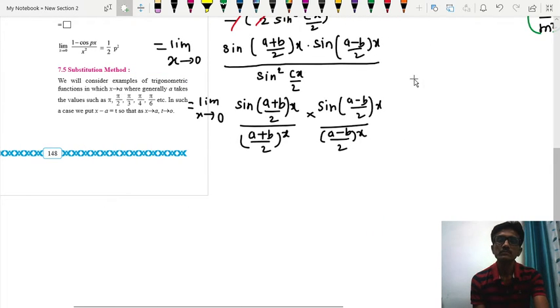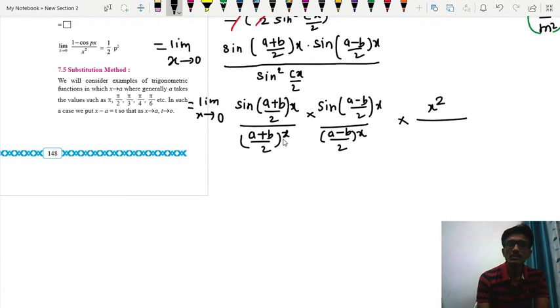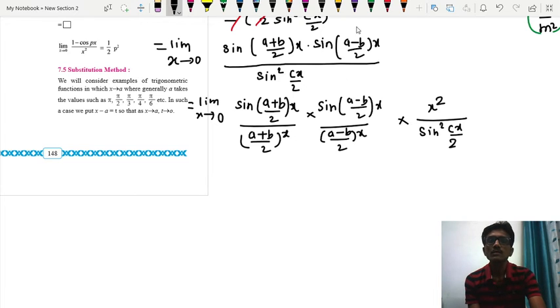Here upon this sin square, we multiply x square because of this x and this x, and sin square of cx upon 2. Yes students, we have multiplied here (a plus b) upon 2 and (a minus b) upon 2.